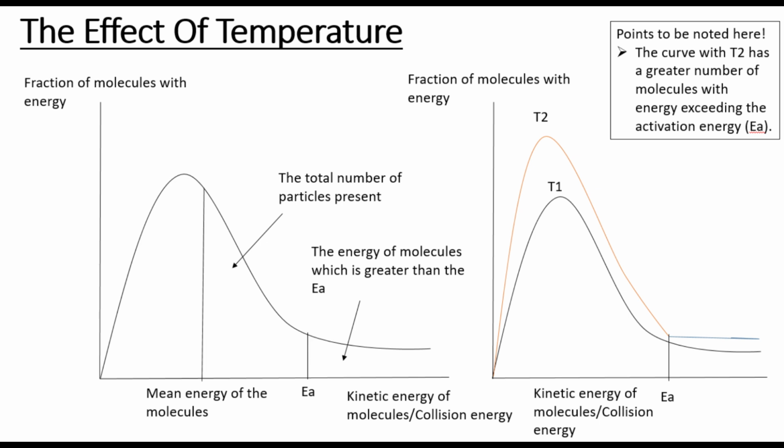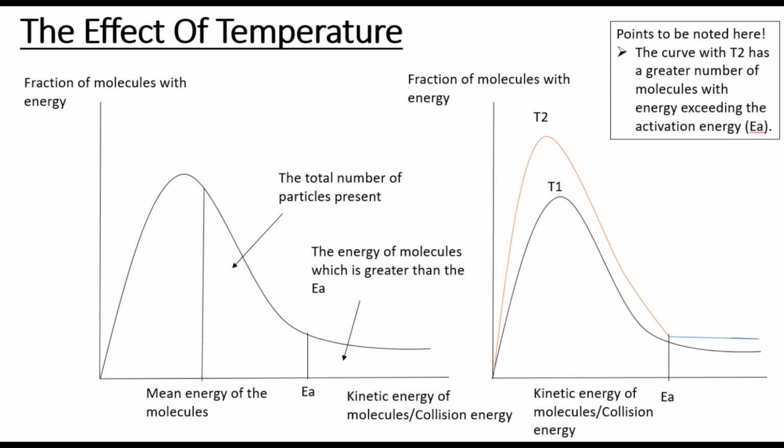Firstly, we see that the curve with T2 has a greater number of molecules with energy exceeding their activation energy. As we said in the previous slide, with increasing temperature, the energy of the molecules increases.